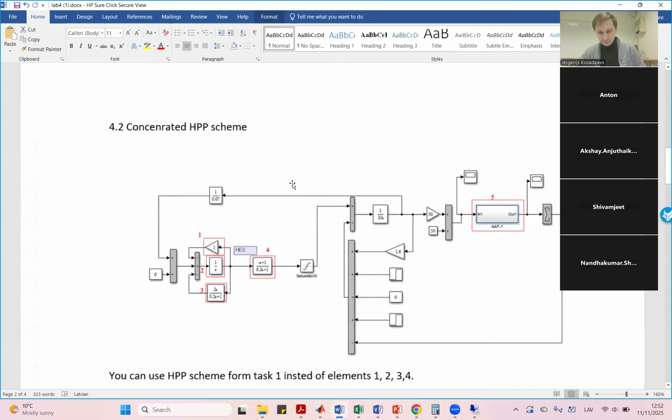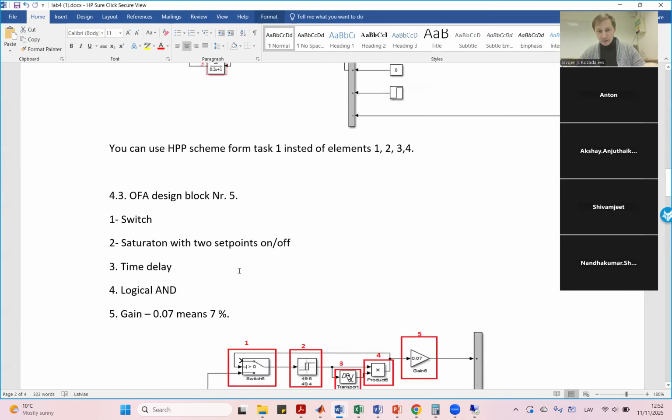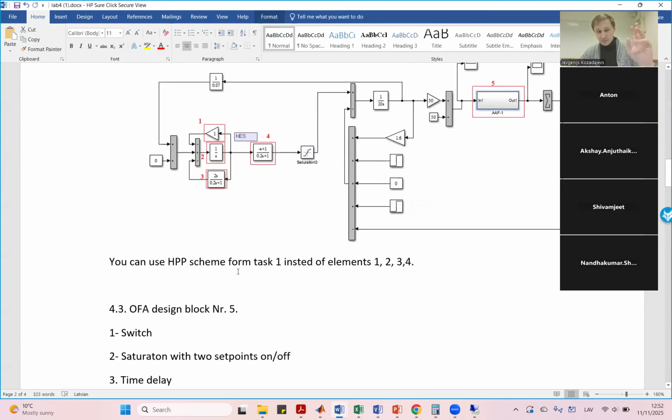This is the second one for CHPP. For CHPP, there are 2 options. You just can copy from laboratory number 1 and paste here, or you could simplify. You see, this block number 4 is a simplified version of 2 series blocks from the first lab. This is for your choice.